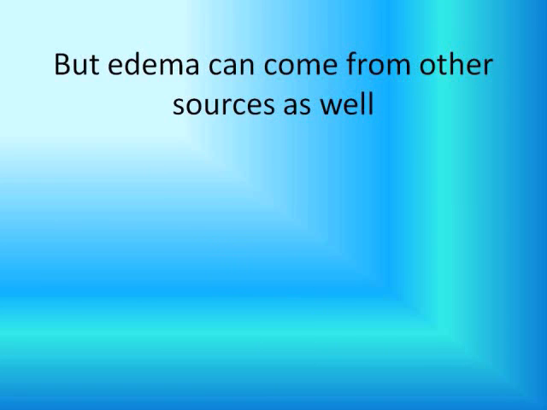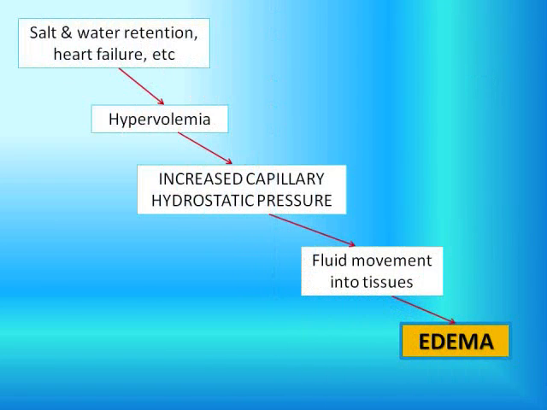But edema can come from other sources as well, such as salt, water retention, heart failure, etc. That will lead to hypervolemia. So we have increased capillary hydrostatic pressure and fluid is getting pushed out into the tissues, and we end up with edema.